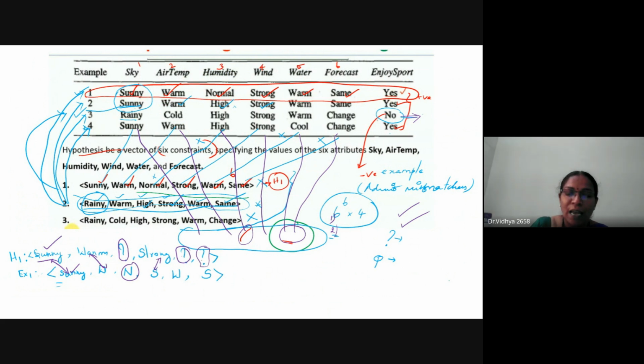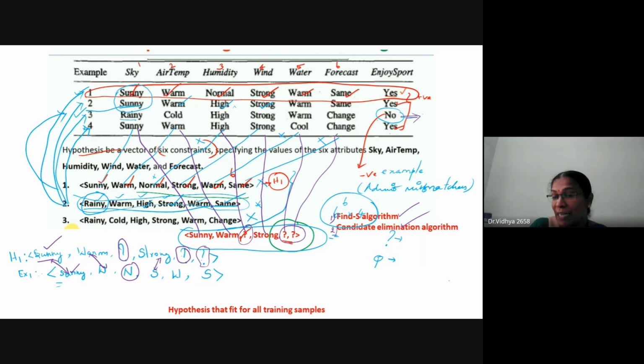A very important thing is the two algorithms that overcome the difficulties of the huge combination of attributes and huge trials: the Find-S and the candidate elimination algorithm.